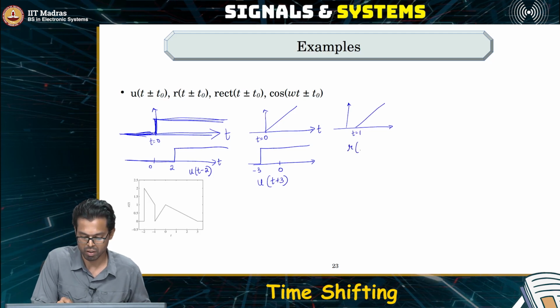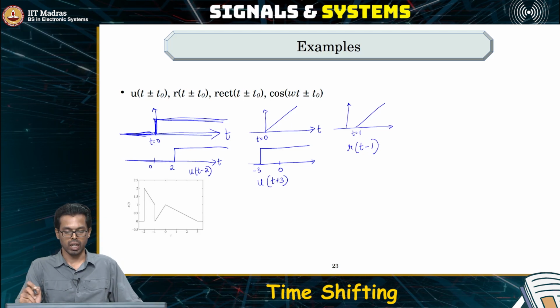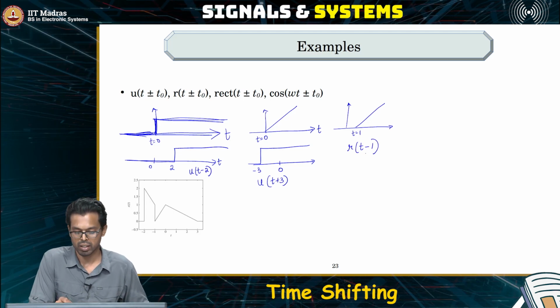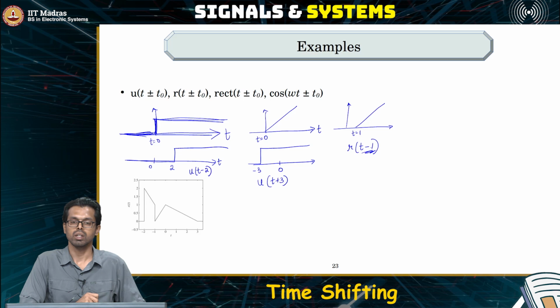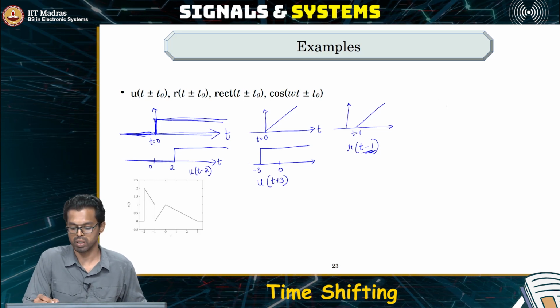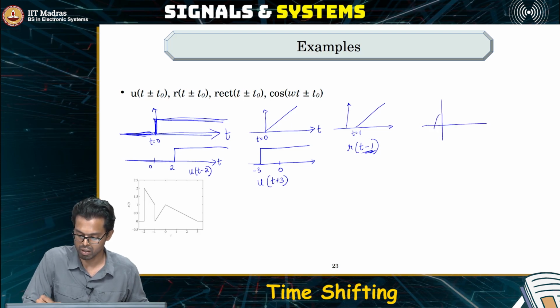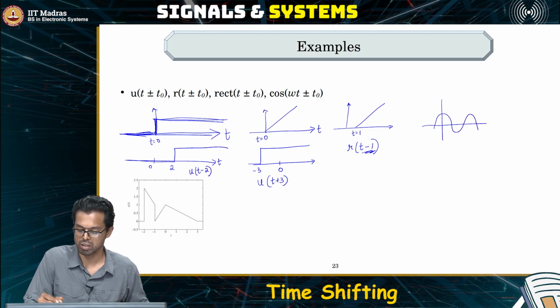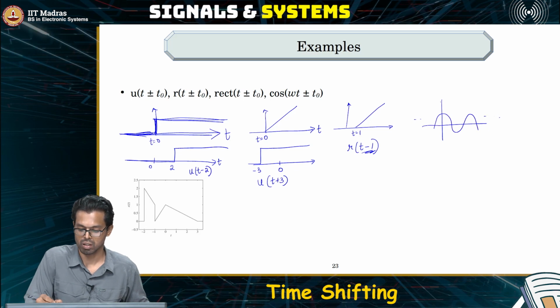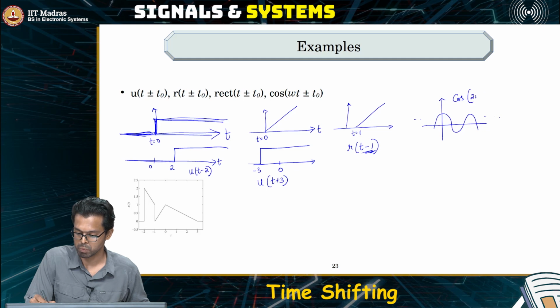You have r of t minus 1. So, anything that moves to the right, anything that gets delayed, gets a negative value in the time. Similarly, you can see what happens to a sinusoid. Let's say you have a cos that extends on both sides. Let's say this is cos 2 pi t.